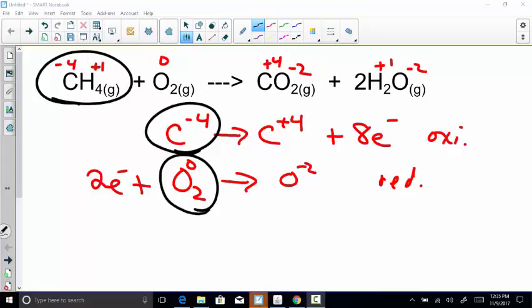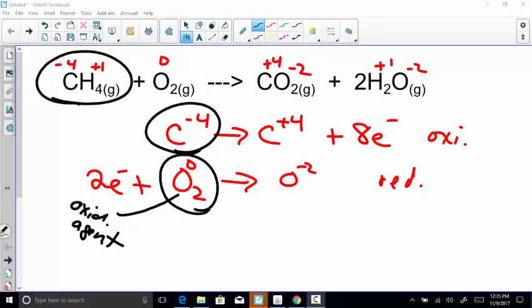Okay? Now, for the oxidizing agent, what does the oxidizing agent mean? It's the one that is being reduced. So this is the oxidizing agent, because that is what is being reduced.